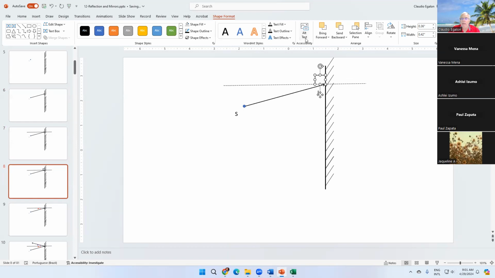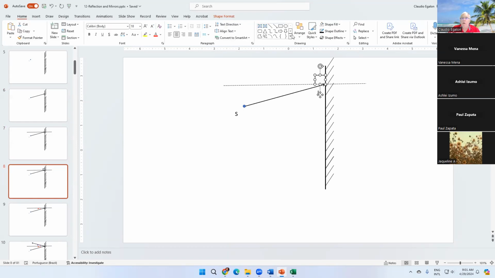I'm going to put a dot in there. The dot with the square represents an angle of 90 degrees. We'll use this dot here.